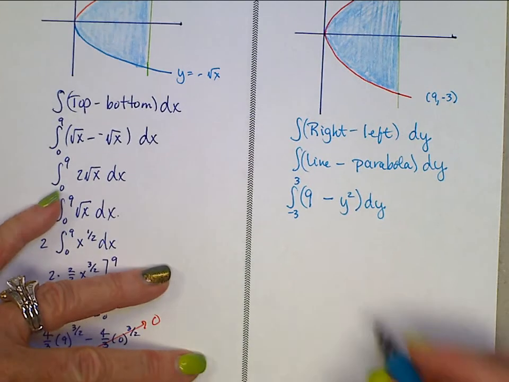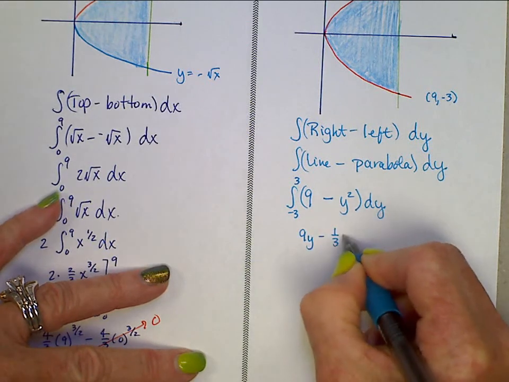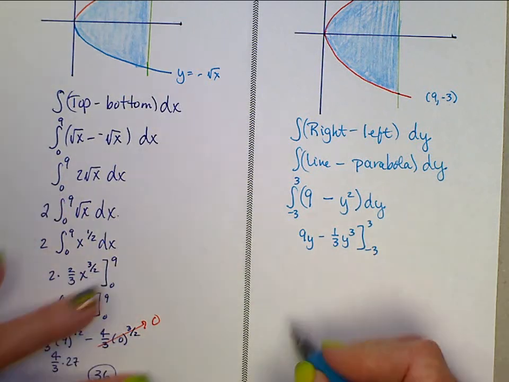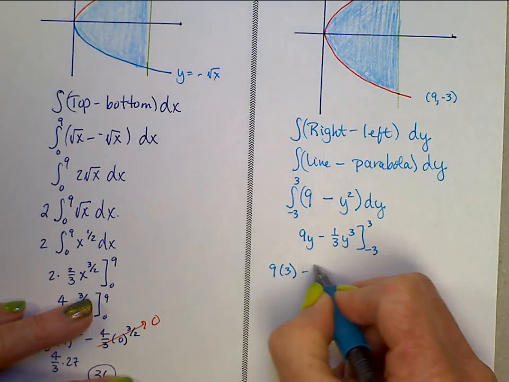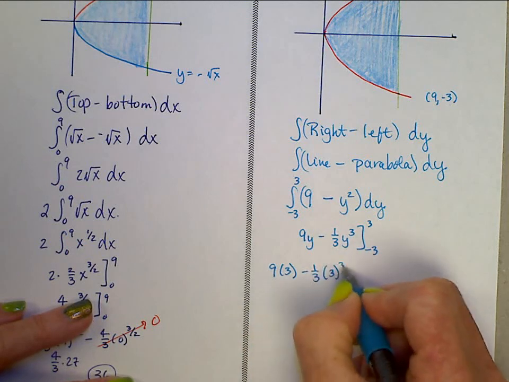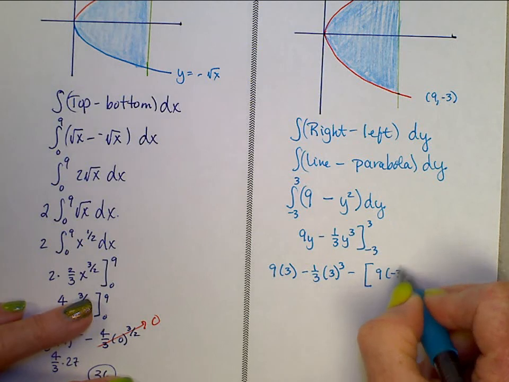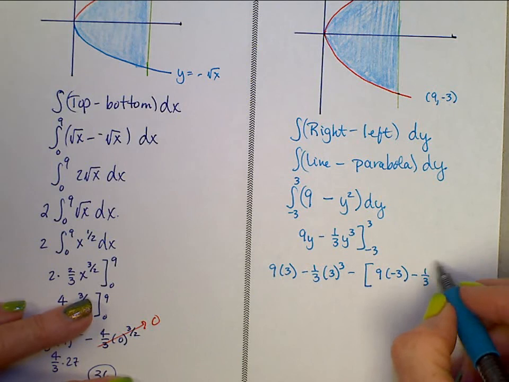Anti-differentiate. We have 9y minus a third y cubed, evaluating from negative 3 to 3. 9 times 3 minus a third times 3 cubed, minus 9 times a negative 3. Boy, watch the signs on this one.